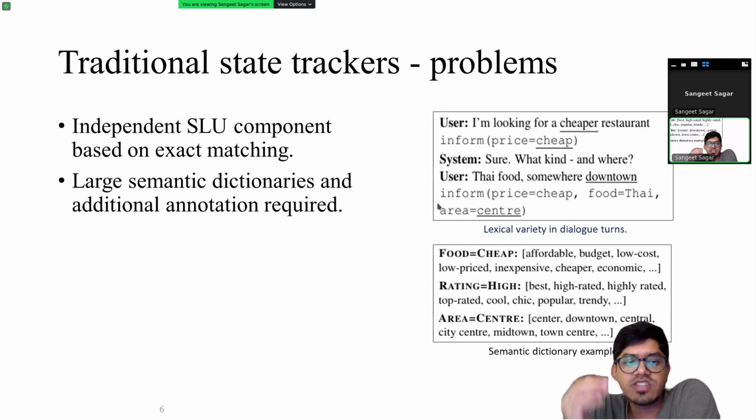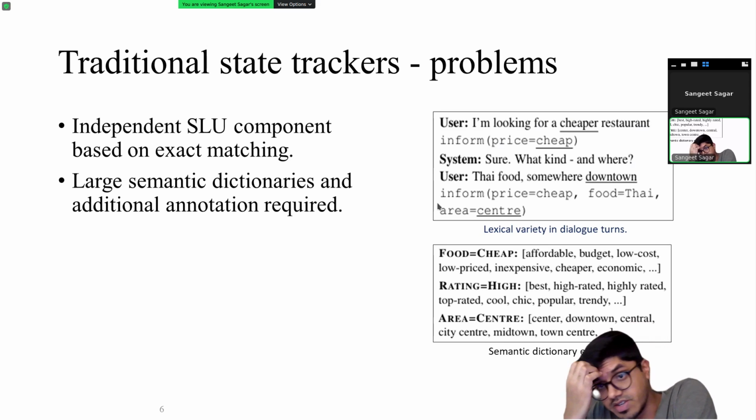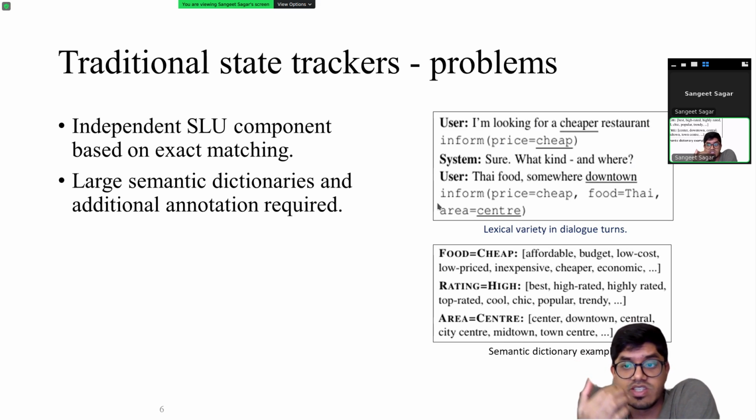The traditional approaches, like discriminative, generative or rule-based systems, suffer from lexical variability, where you have differences in the choice of words, while the system looks for a matching slot value pair in your ontology as interpreted in the user utterance.